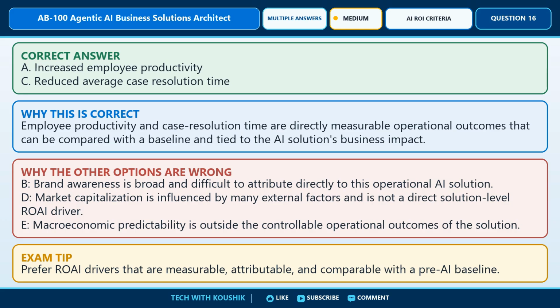D, market capitalization is influenced by many external factors and is not a direct solution-level ROI driver. E, macroeconomic predictability is outside the controllable operational outcomes of the solution. Prefer ROI drivers that are measurable, attributable, and comparable with a pre-AI baseline.